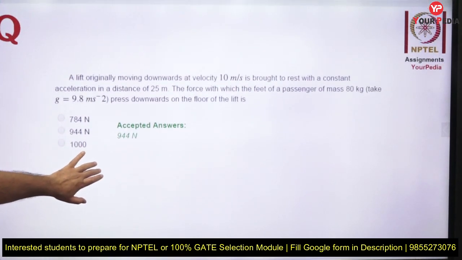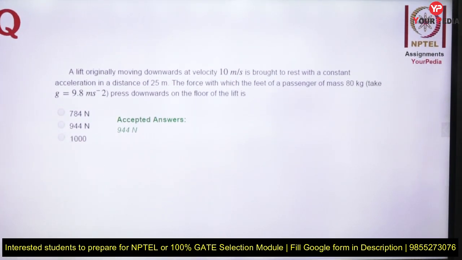Okay, let's see this question of engineering mechanics now. A lift originally moving downward at this particular velocity is brought to rest with a constant acceleration in distance of 25 meter. So actually it is not acceleration, it is the retardation, because if it is moving and now it is brought to rest, it is not acceleration but it is the retardation.